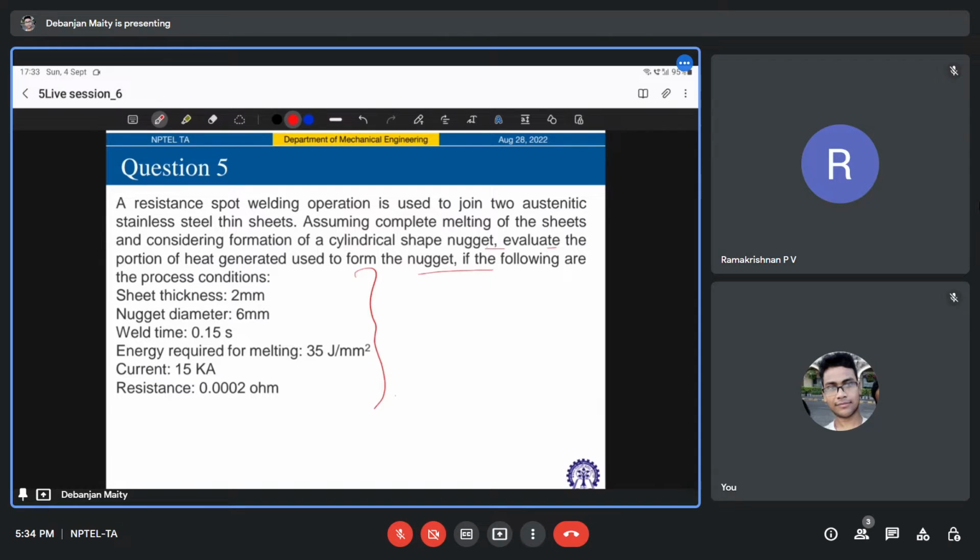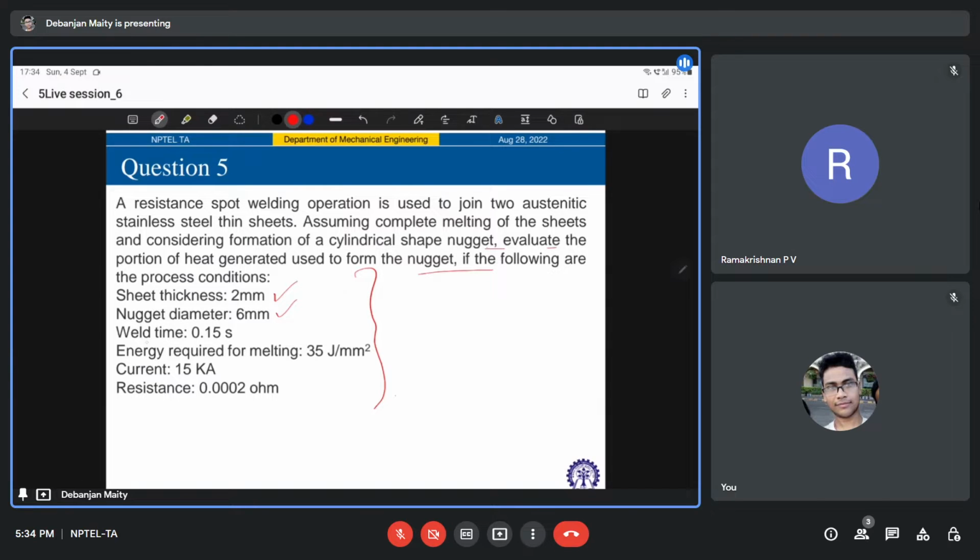So in this question, what are given? The given conditions are sheet thickness, which is 2 mm. Nugget diameter is given as 6 mm.